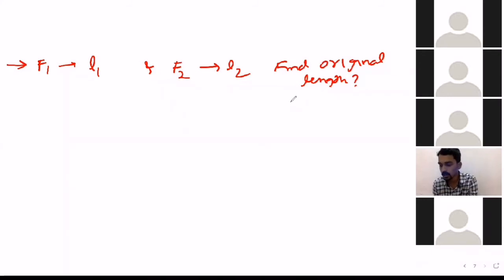So try to solve it based on whatever I explained. Anyone got the idea or the answer? Please send me your answer. Let's see who will do it.